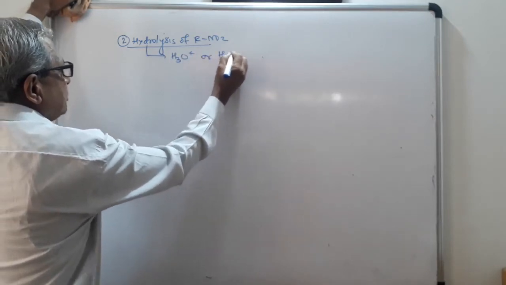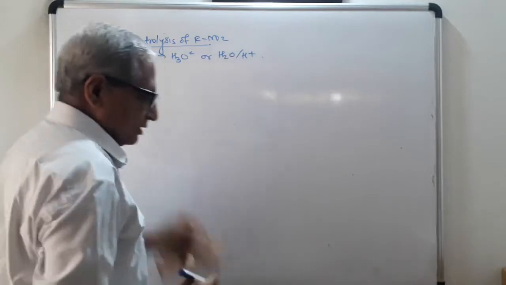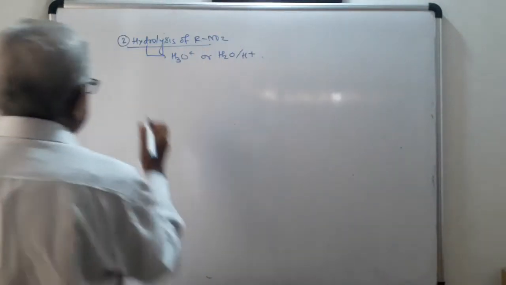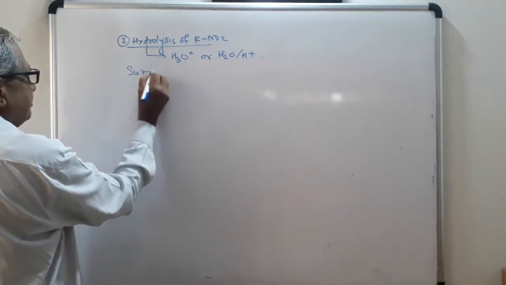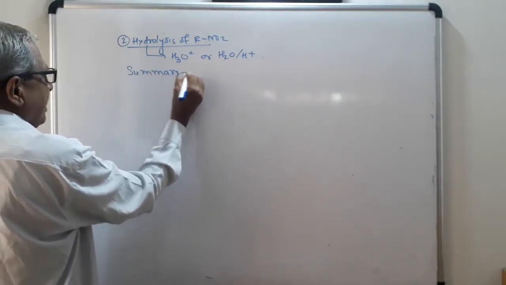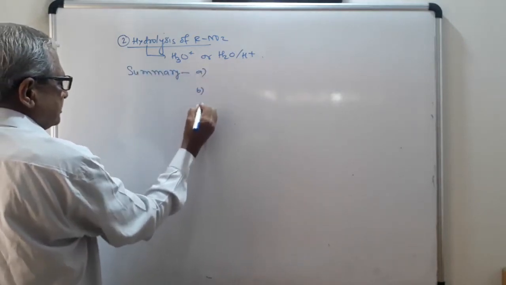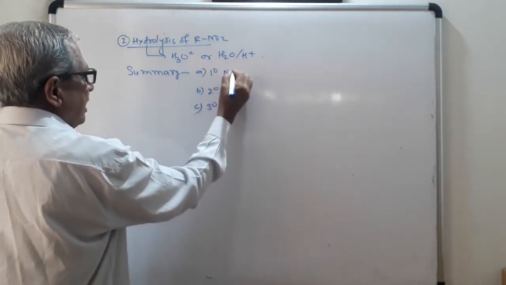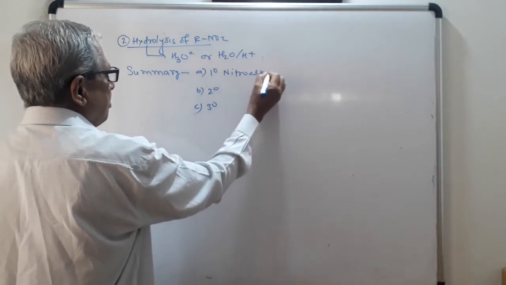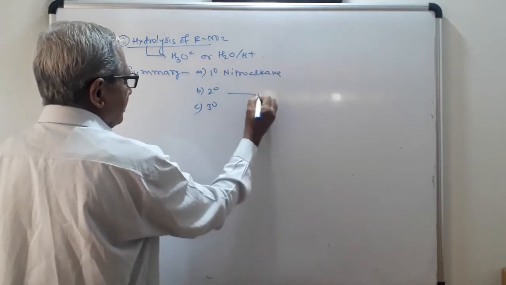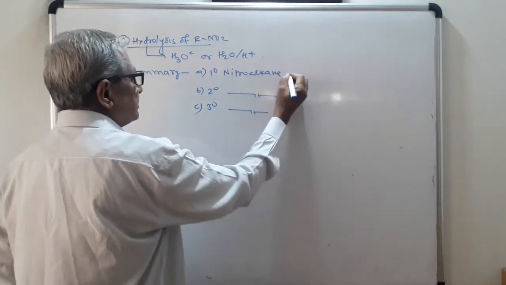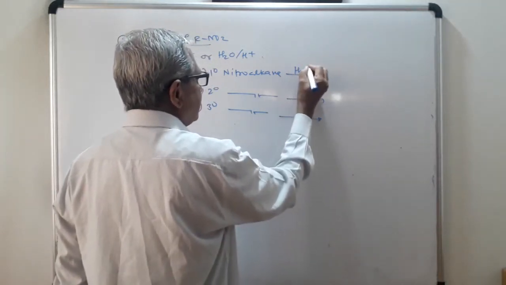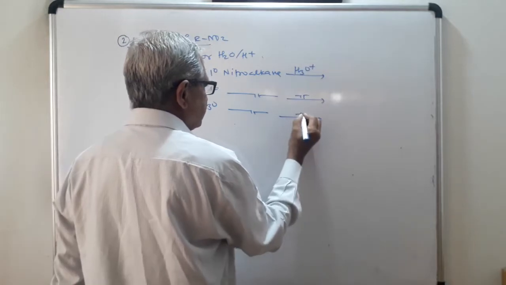It can also be written as H2O/H+. Now see that you will get different products with different nitro compounds. So I will give the summary by the 3 ways A, B, C: primary nitroalkane, secondary nitroalkane, tertiary nitroalkane. In this case, you will do the reaction with H3O+, H3O+, H3O+.